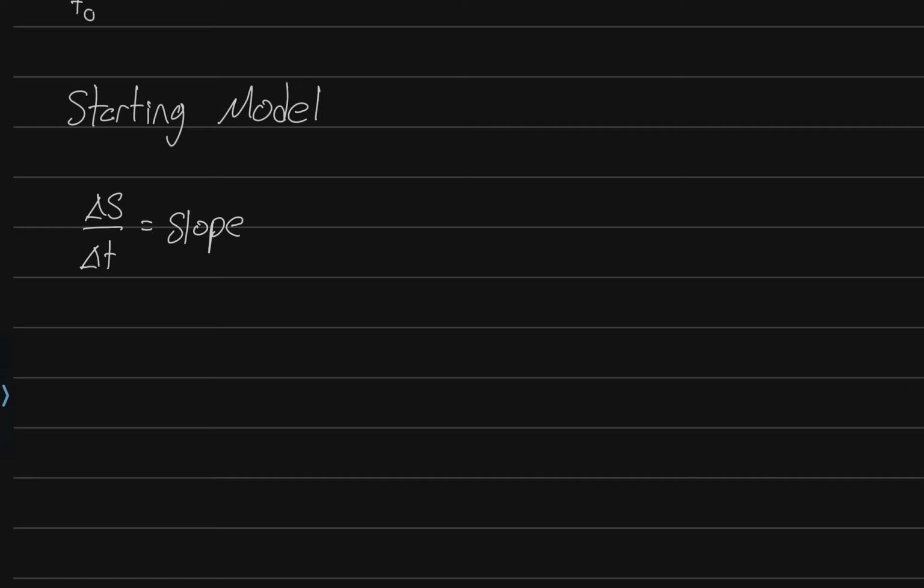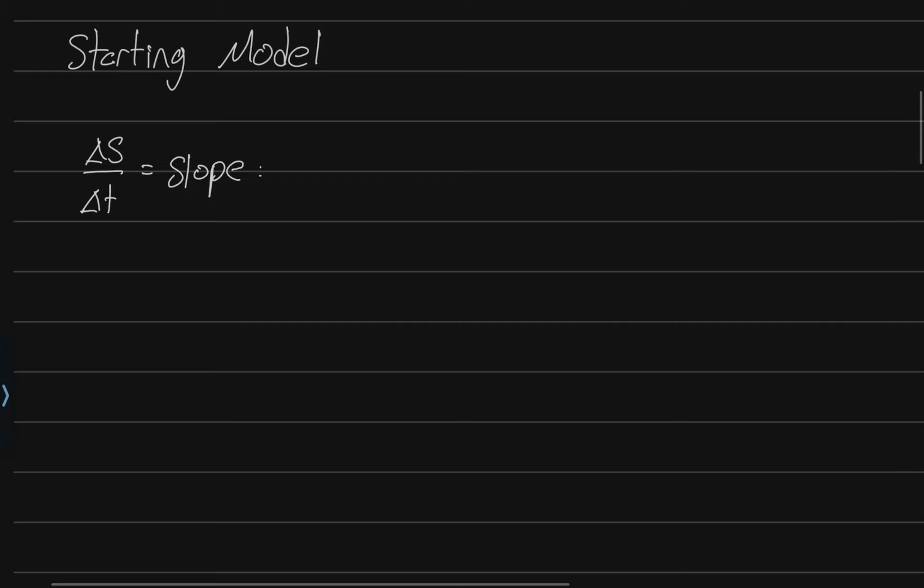Now, for every stock, at every time increment, there's going to be a different slope, right? A stock that tends to go up will obviously have a positive slope. A stock that tends to go down will obviously have a negative slope. So this could be one of the parameters that we can calibrate. And we can call this mu, our mean returns.